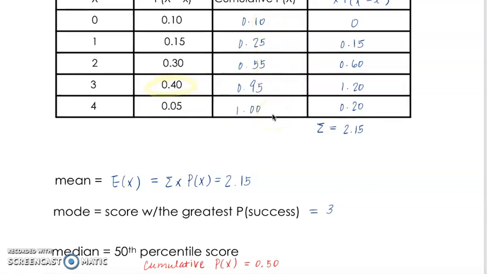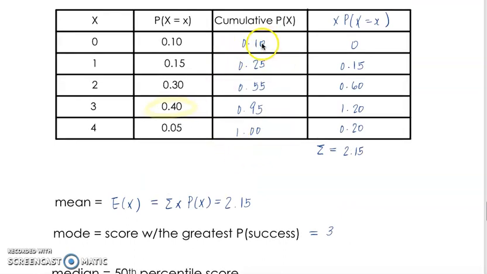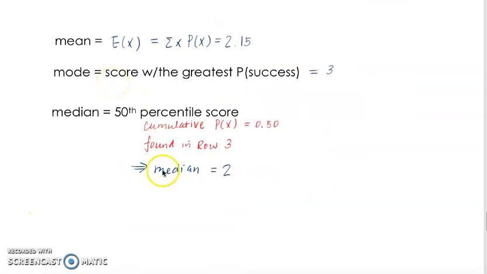And then the 50th percentile should be the 0.5 cumulative probability. Even though 0.5 does not show up in this column, we know that it is between 0.25 and 0.55, and it should be more likely to be in the 2 section, right? Because by the end of all the ones, we have only reached 25% of the probability distribution, so it must fall under 2. So the median here is 2.